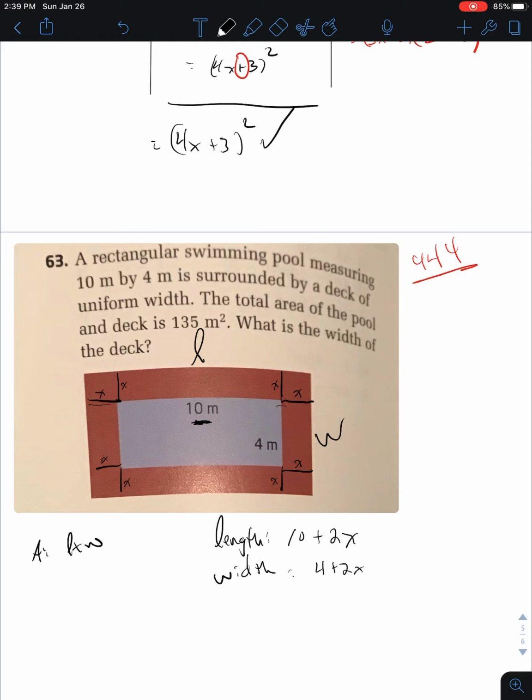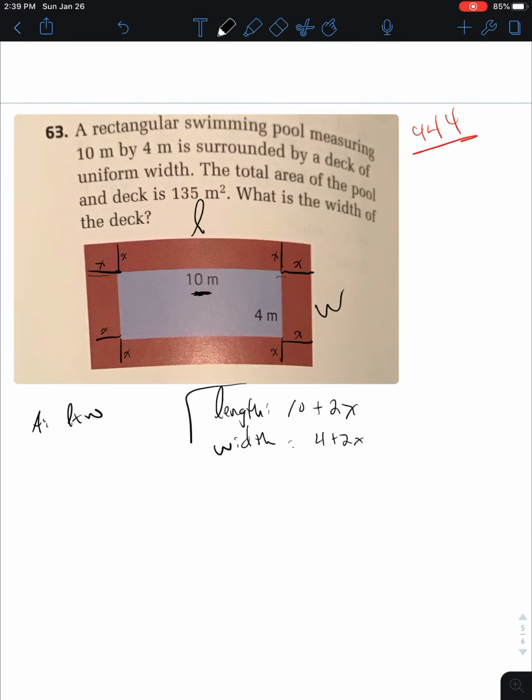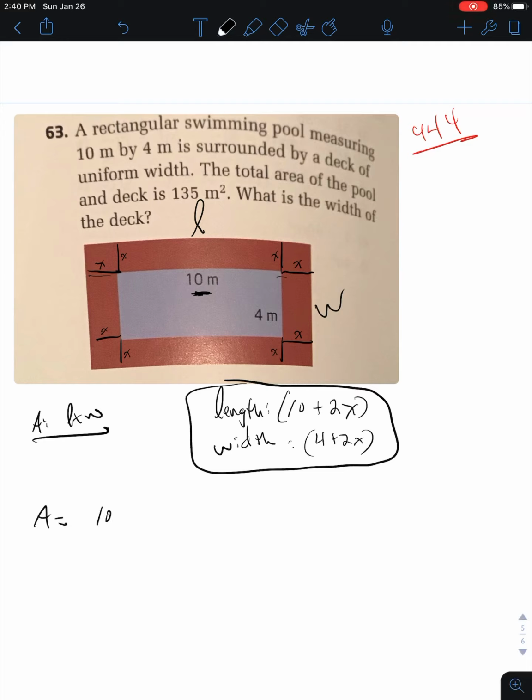So it actually gave you the dimensions of the pool, that was the inside, and then it's asking you about the deck, or how much concrete we would need. So once you have these two, that's kind of the hard part of the question done, almost. Now you can go back to this. We'll plug these two things in here. So area equals length times width.